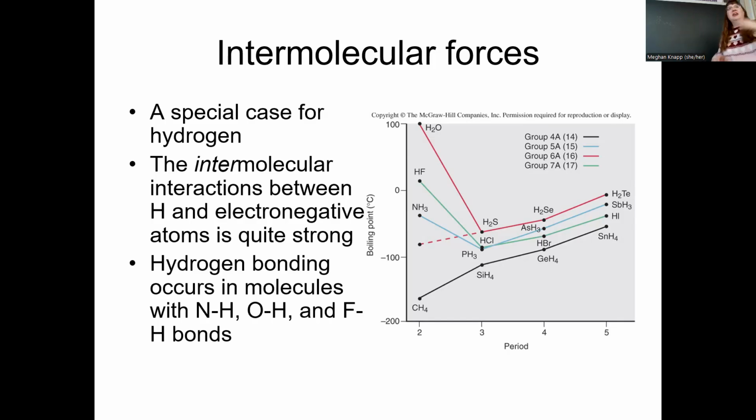Now, if I have a carbon-hydrogen bond, they're sharing pretty darn equally, and so I don't really have that exposed proton the way I do on these others. So even if a molecule has, like this one does, hydrogens and oxygens, I don't see hydrogen bonding in this because these hydrogens don't have that exposed proton. Okay? So the hydrogen has to be attached to the oxygen, the nitrogen, or the fluorine.